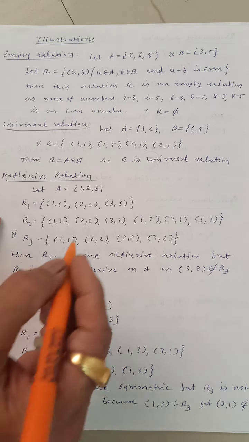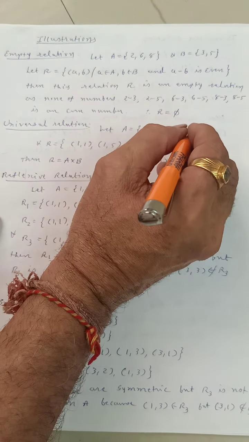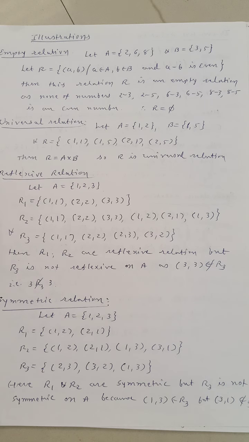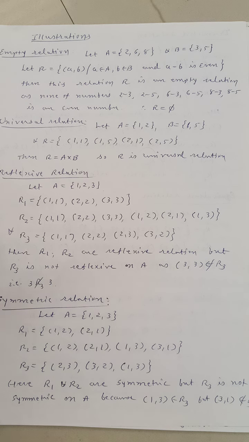No, see, I repeat, B is {1, 5}, not {4, 5}, and A is {1, 2}. So when I write R, then definitely I have (1,1), then (1,5), then (2,1) and (2,5). It is as good as A cross B. Am I right? Yes.